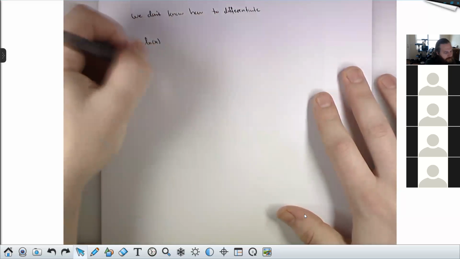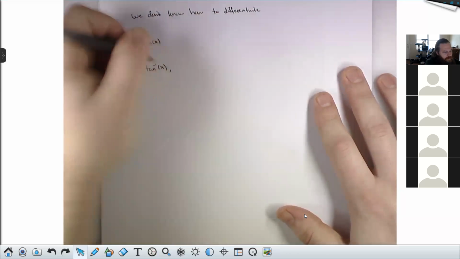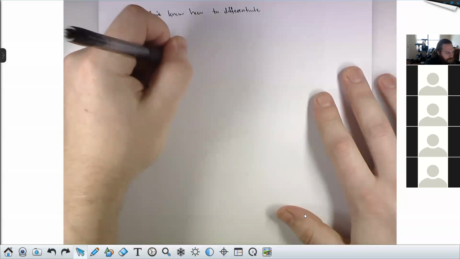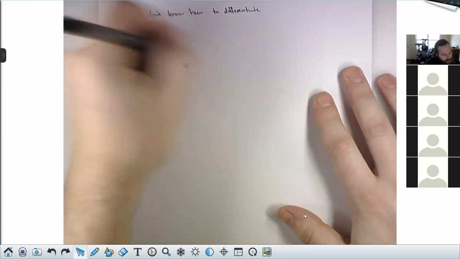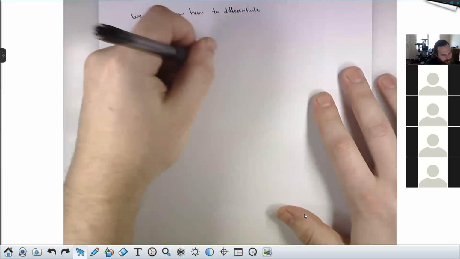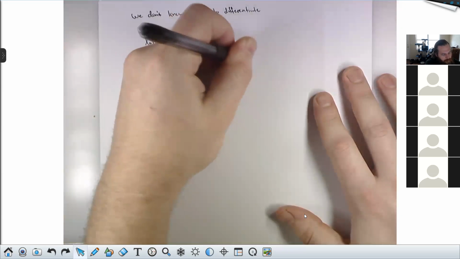Natural log of x, the inverse tangent of x, inverse sine of x, inverse cos of x, all the inverse trig.